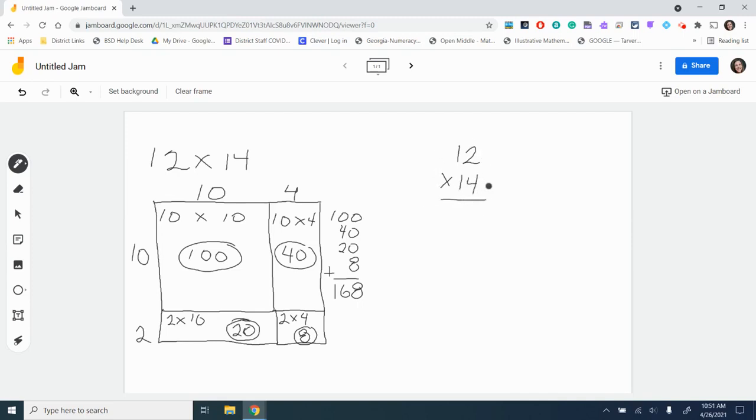When working in partial products, I'm going to start with the 14 and with the digit in the ones place, and I'm going to multiply it by the digit in the ones place of my 12. So in this case, 4 times 2 is 8, and I'm going to keep track over here. Next, I'm going to go 4 times 10. 4 times 10 is 40.